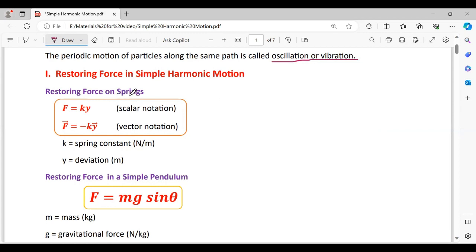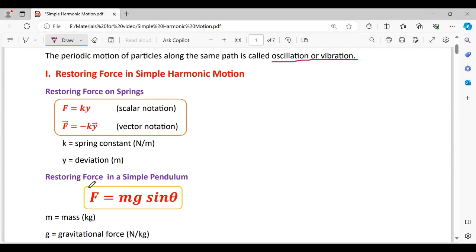So, restoring force on springs: F equals ky in scalar notation, and F equals minus ky in vector notation, where k equals the spring constant with unit Newton per meter, and y is the deviation with unit meters.